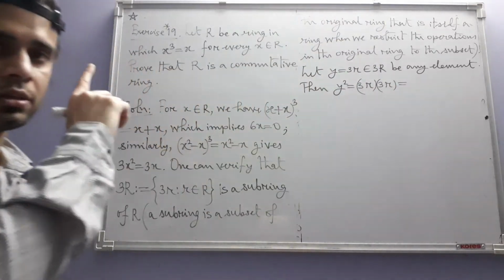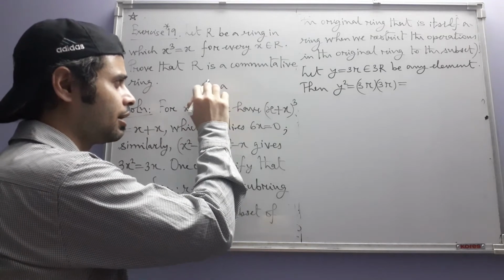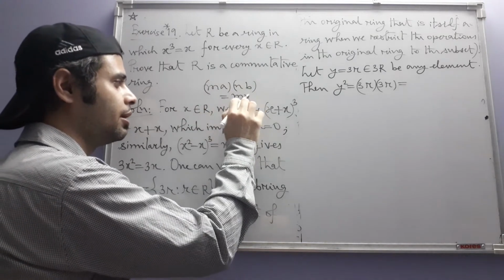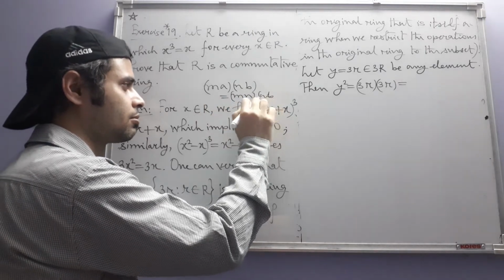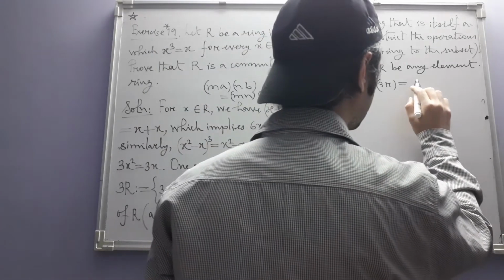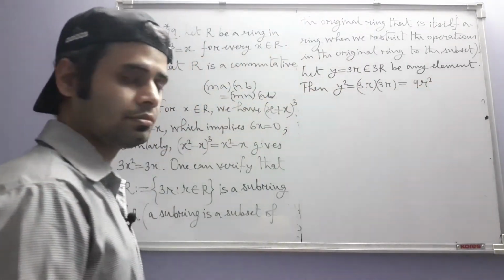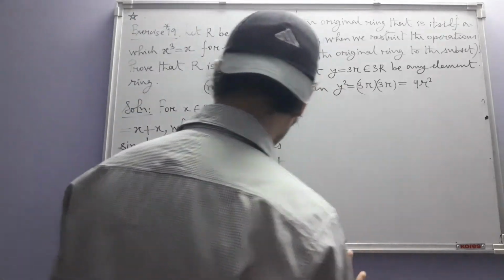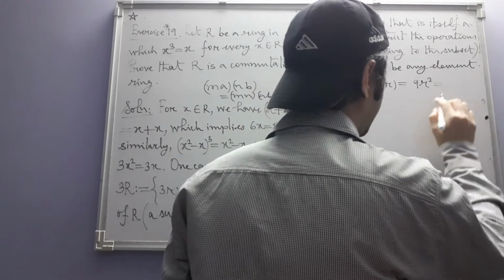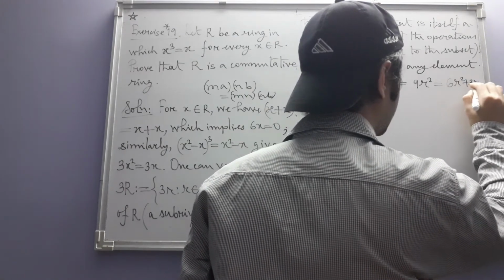You remember that result which tells us that in a ring if we have ma times nb, then that will be mnab. So this gives us 9r square. Okay, 9r square, right? That 9r square can be written as 6r square plus 3r square.